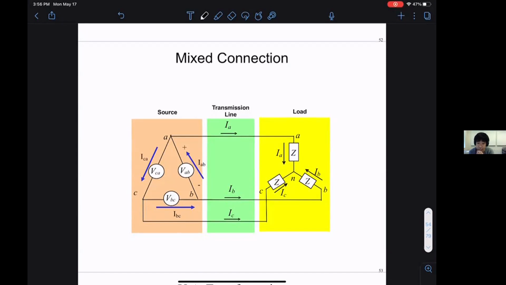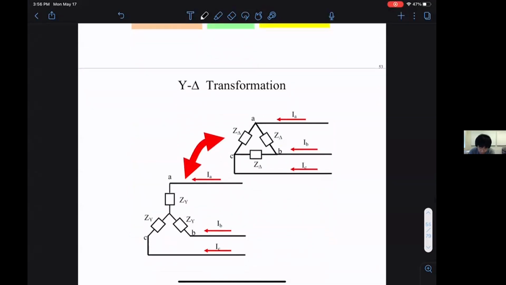Is there any way to convert the load also to delta? Right, the easy trick here is a load conversion. You want something called a Y-delta conversion. Basically, if I give you a Y load, there is an equivalent delta load. If I give you a delta load, there is an equivalent Y load. And the math is actually quite simple.